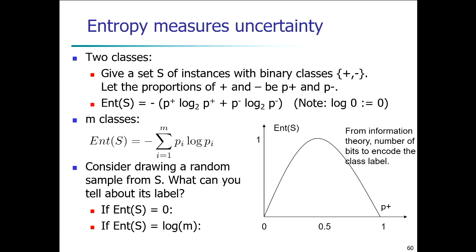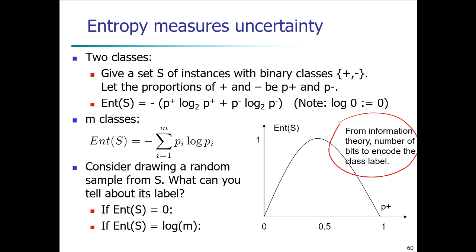We need to use some information theory, and one important concept is called entropy. Those of you who have probably heard of this know that we can use entropy to evaluate the uncertainty of random events.